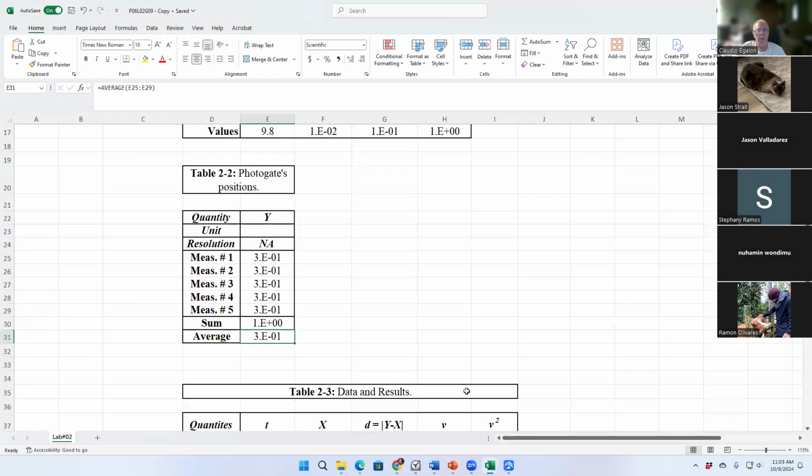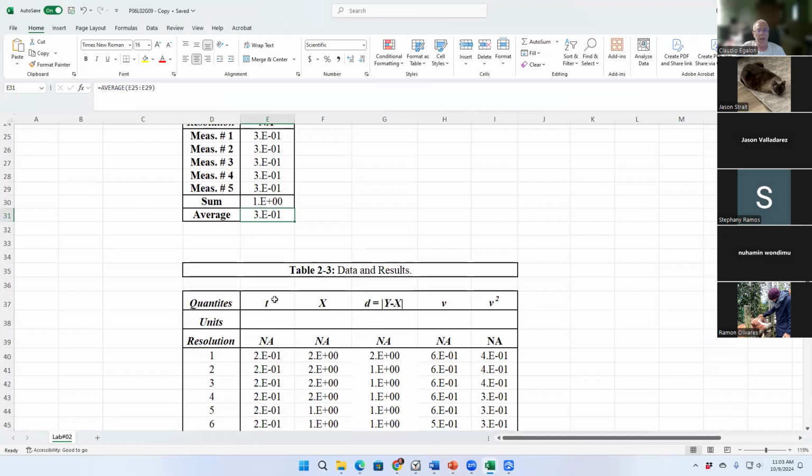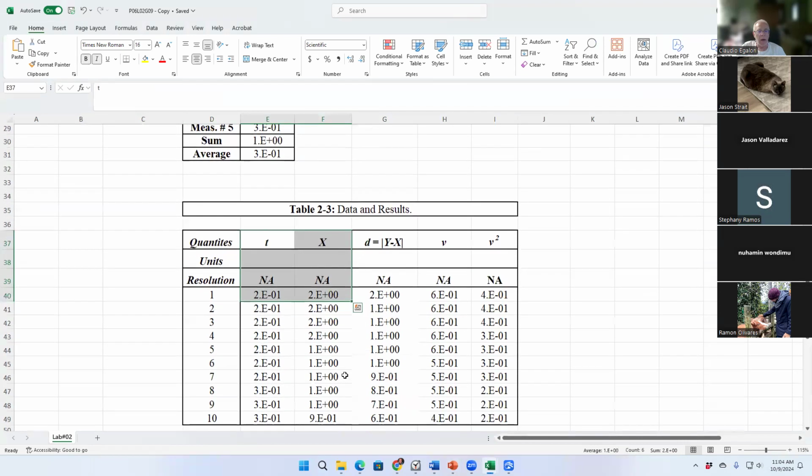Let's go to our spreadsheet again. Here's my T, here's my X. The higher we release the cart, the faster it moves through the photo gate. My D is the position of the cart minus the position of the photo gate.